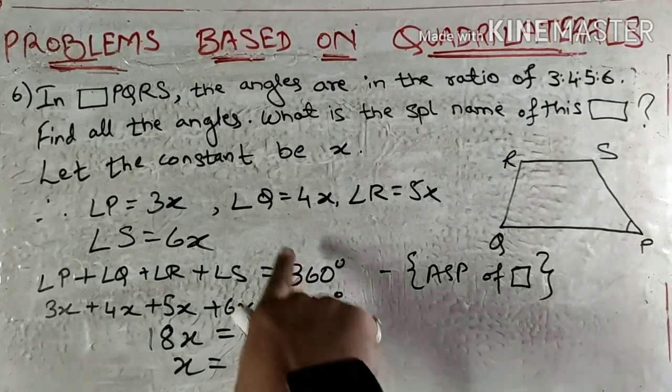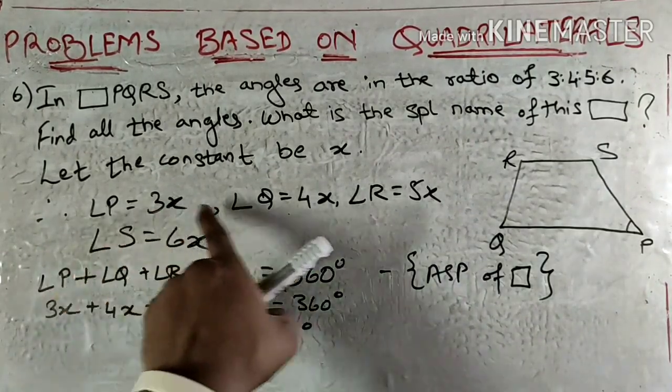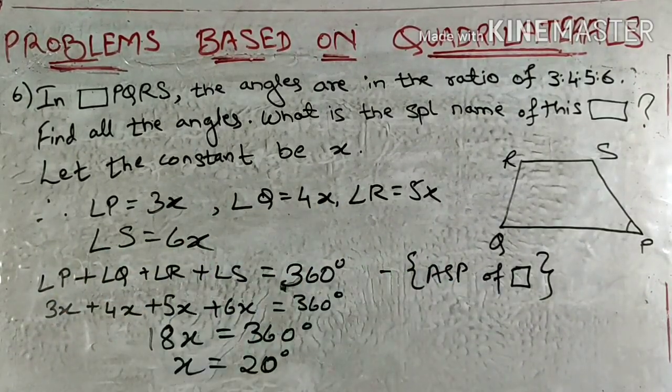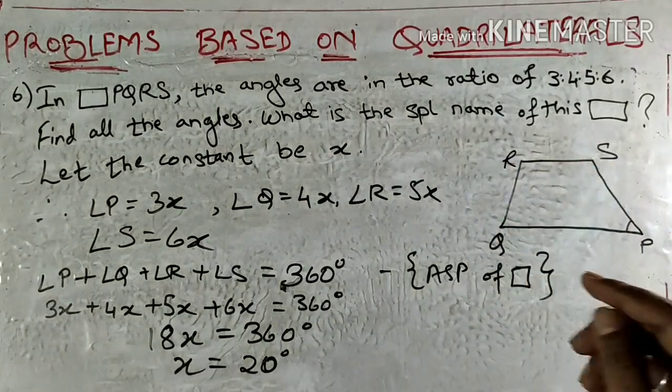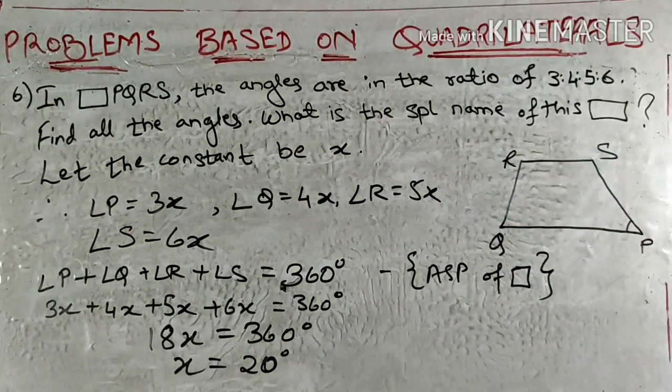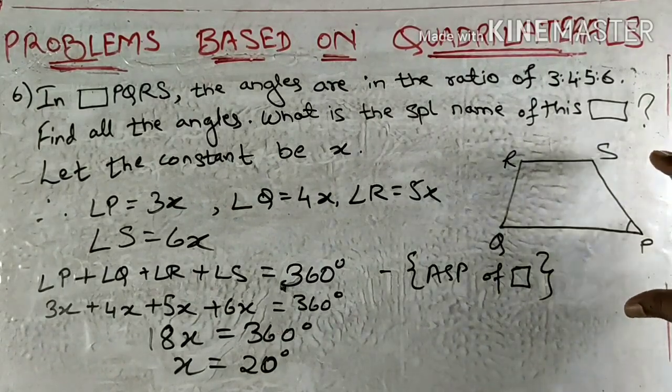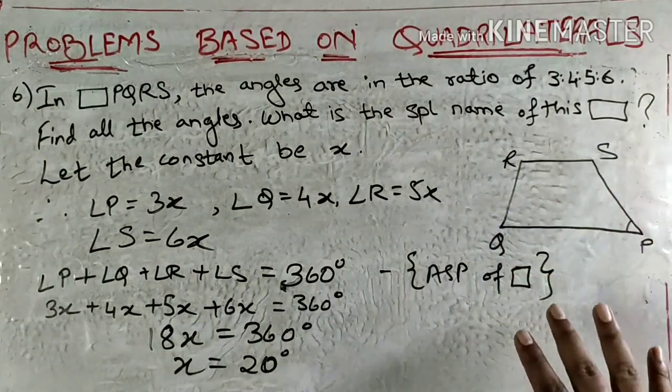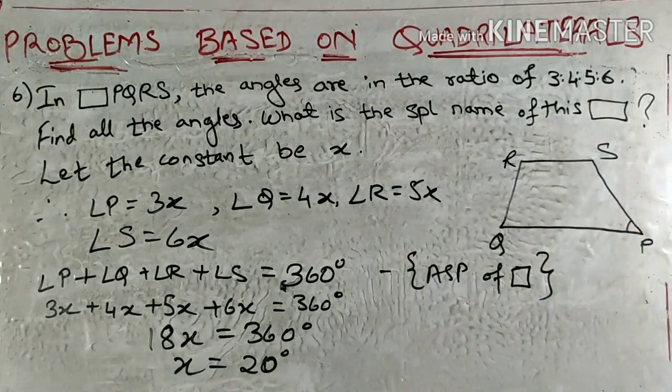Now we have the value of x. So can I substitute the value of x in these angles to get the value of all the angles of this quadrilateral. Remember, I have drawn it like a trapezium, but it's not necessary that the quadrilateral is a trapezium. It somewhat may look similar to a trapezium, but actually it is not. There's no guarantee that this quadrilateral is a trapezium. So now let's substitute the value of x in the different angle values.